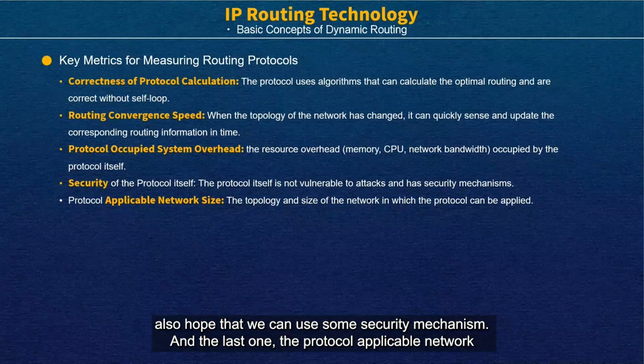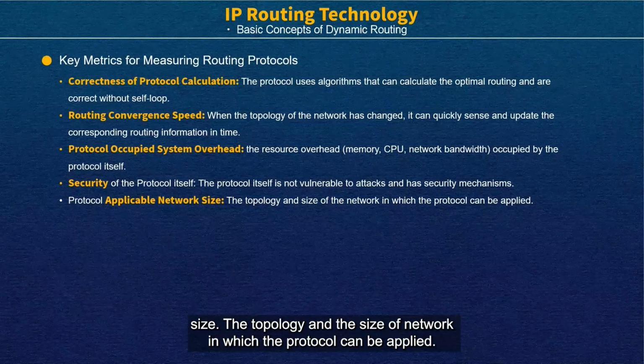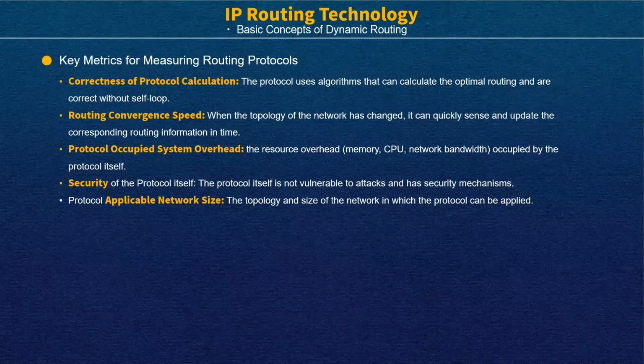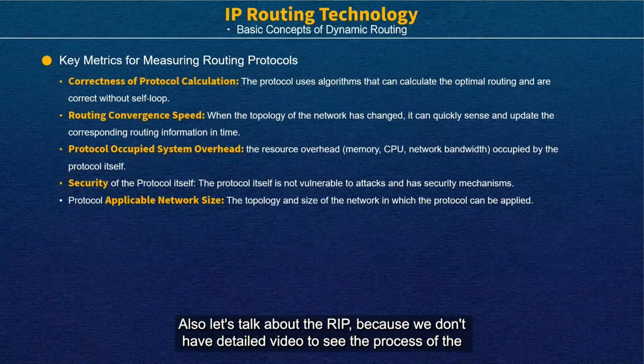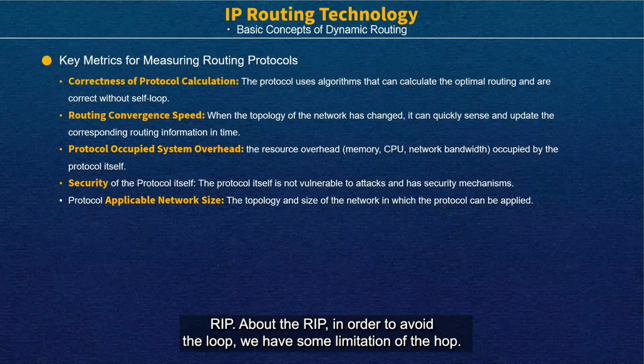And the last one is the protocol's applicable network size: the topology and the size of network in which the protocol can be applied. Also, let's talk about RIP, because we don't have a detailed video to see the process of RIP. About RIP, in order to avoid loops, we have a limitation on the hop count.